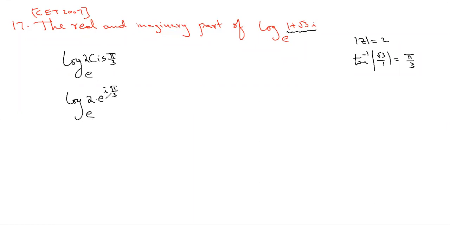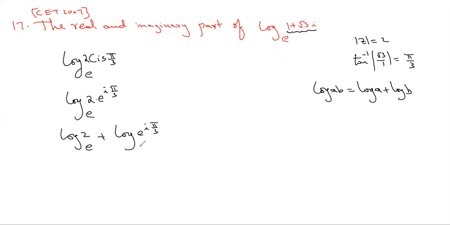And if you use the formula log AB equal to log A plus log B, then this will be log 2 base e plus log e power i pi by 3 base e. Now I use the formula log A power m equal to m log A. Then this becomes log 2 base e plus i pi by 3 into log e base e, which is 1.